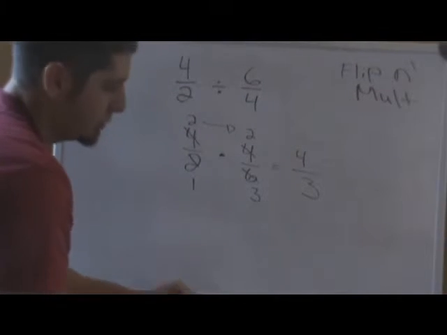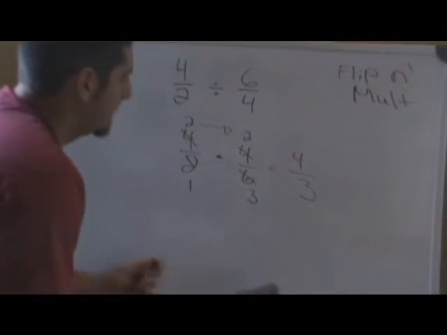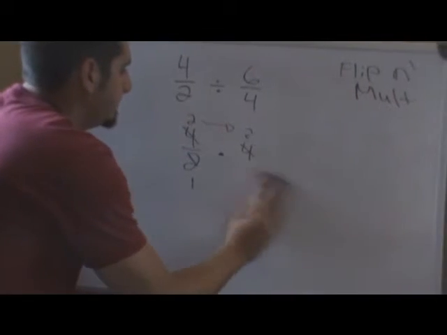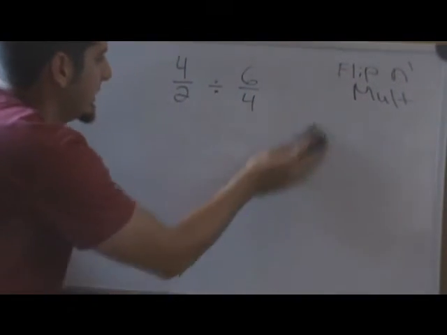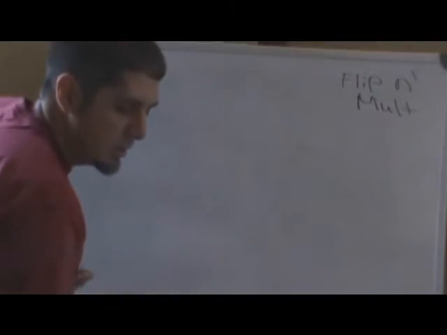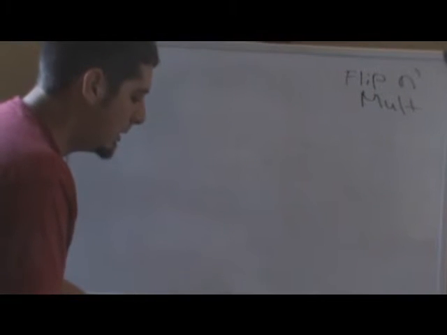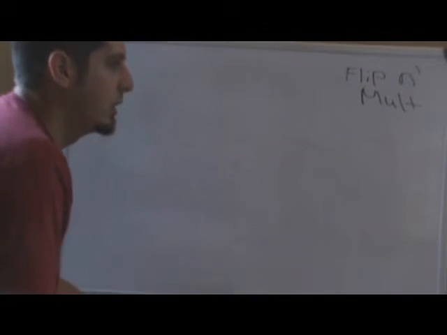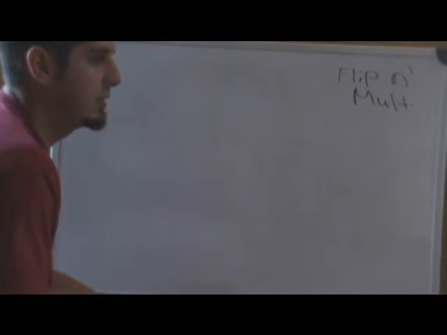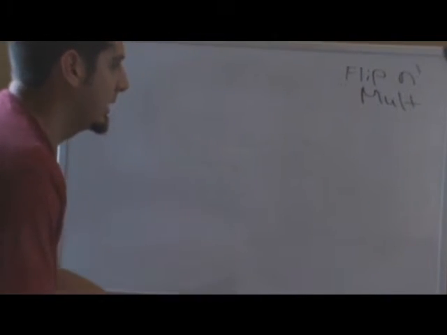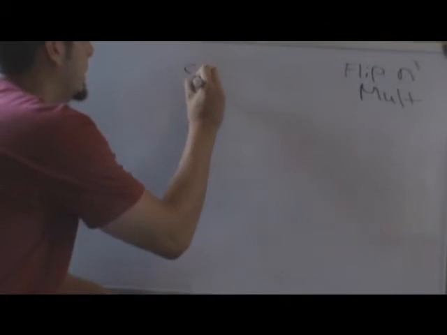And just to show you that flipping and multiplying does work, this is an easier, not necessarily proof, but an easier way to understand that flipping and multiplying works. In the video on why dividing fractions works, I go into a lot of detail as to why, and a much more detailed explanation, but just a quick example to show you that, yeah, this does work.